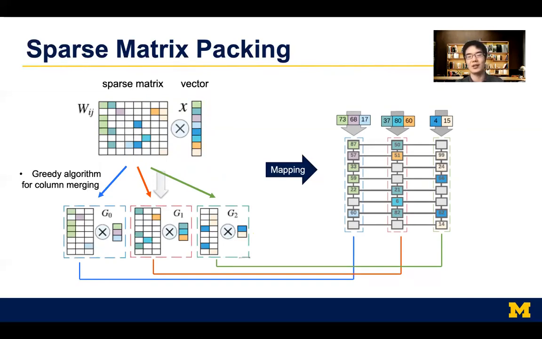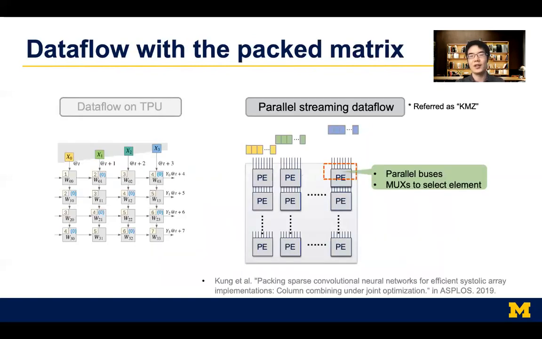But how to design the interface? In the conventional method, parallel streaming data flow is shown, and the input element group will be sent from the top to the bottom in parallel. It's worth noting that they need to use parallel buses and a large mux to select the corresponding element for the MAC operation.